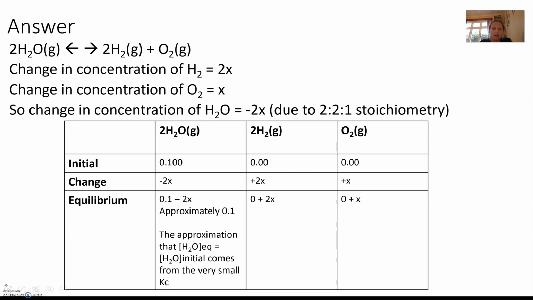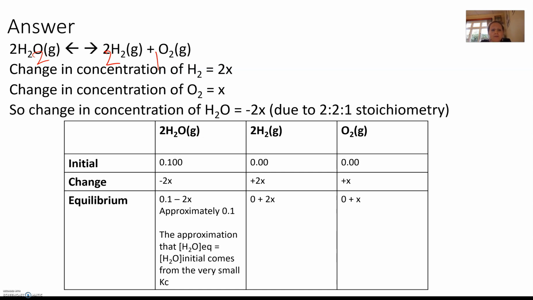From the equation, first of all, this is a 2 to 2 to 1 ratio. So the concentration of H2 is 2x and the concentration of O2 is 1x, because we don't know that, and that must mean that the concentration of H2O is negative 2x.